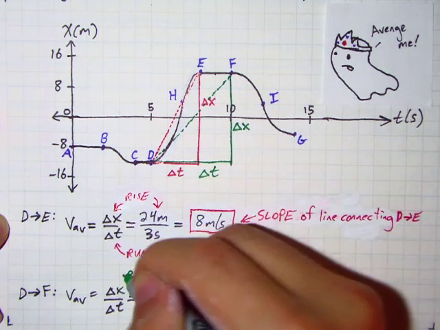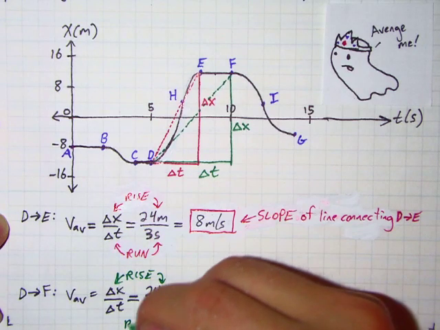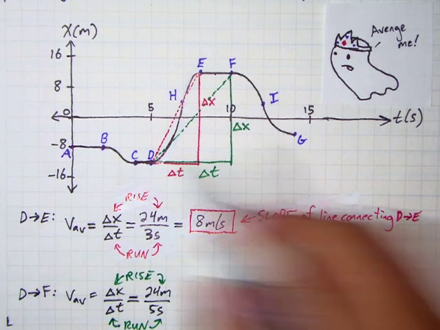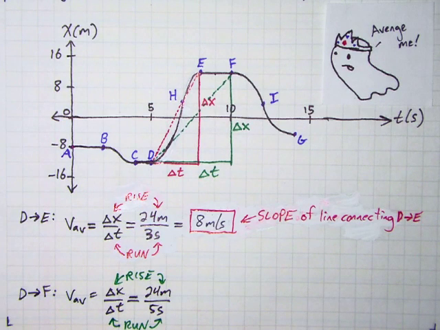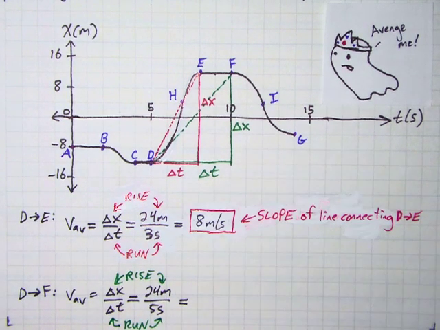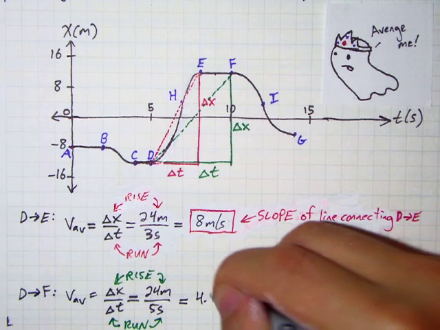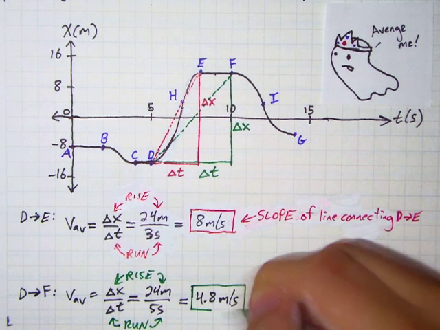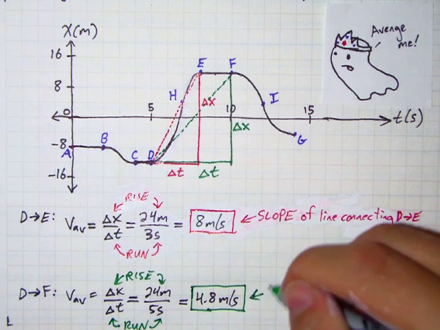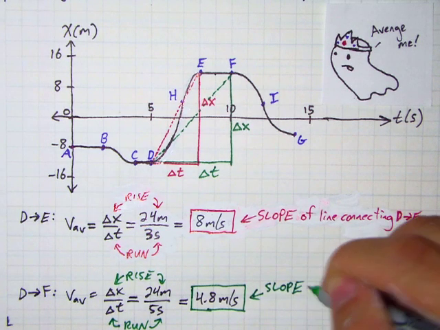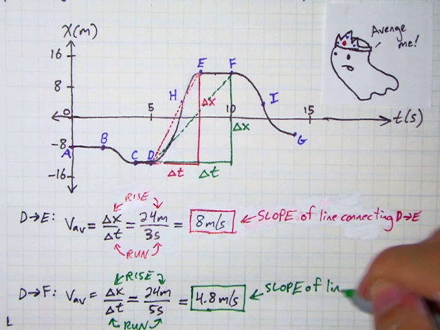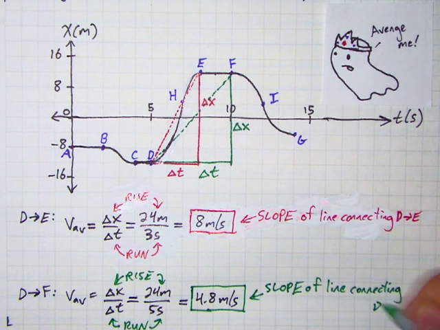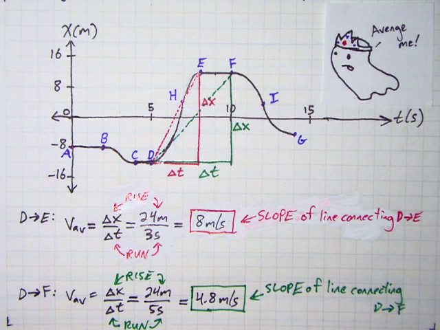Here's our rise, up 24 meters, or 24 meters in the positive direction, I should say, and then our run 5 seconds forward in time. 24 over 5 gives us about 4.8 meters per second. And that value we just calculated is exactly the slope of that dotted line connecting those two events. Slope of the line connecting D to F.